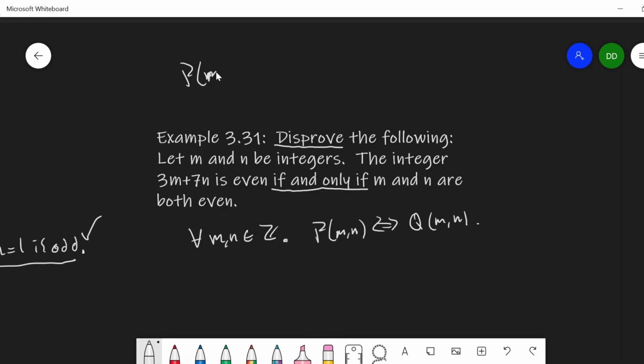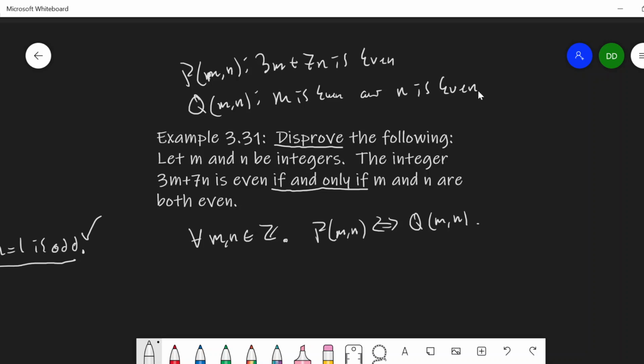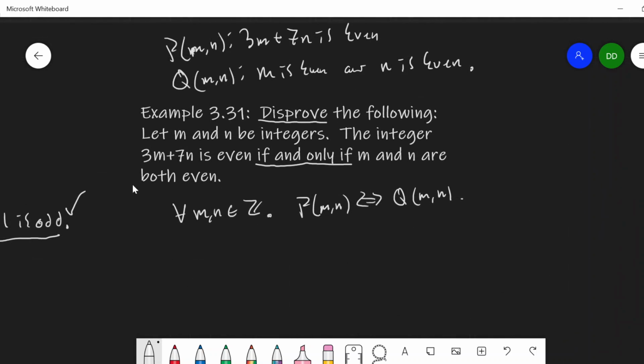Let P of m,n be the statement 3m plus 7n is even, and Q of m,n be m is even and n is even. Then this is what we're trying to disprove.